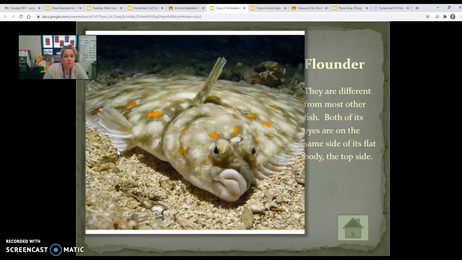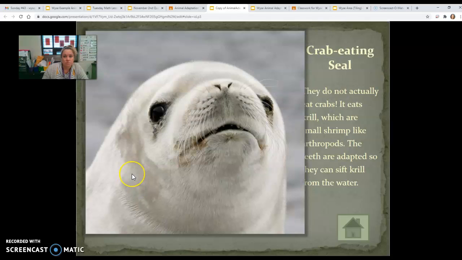This is a flounder. They are different from most other fish. Both of its eyes are on the same side of its flat body. That's different. The top side. So that's how it adapts to its environment, so it can lay on the bottom of the water there. And this is a crab-eating seal.